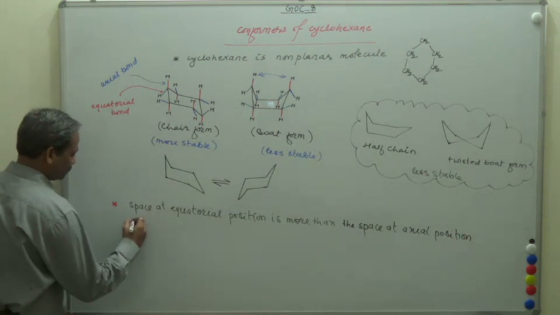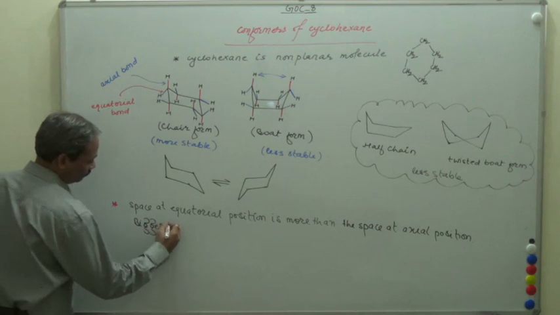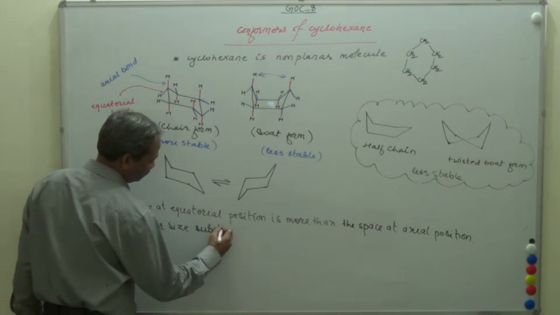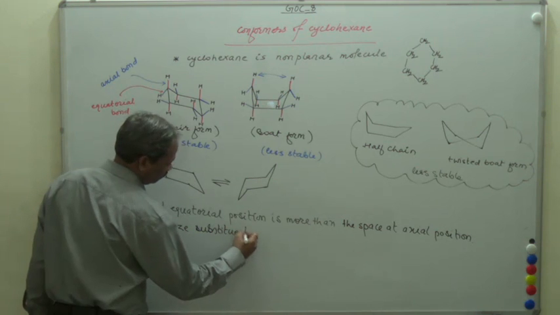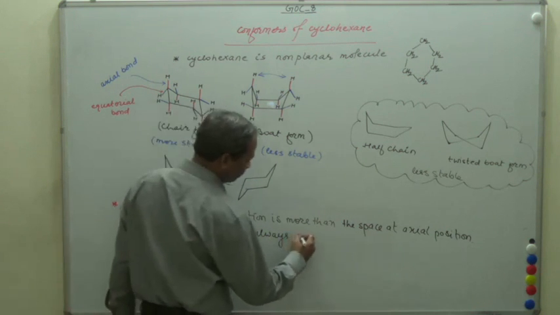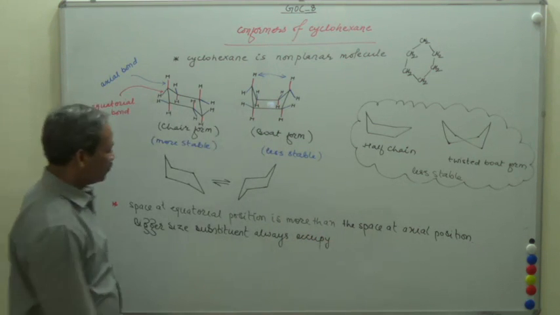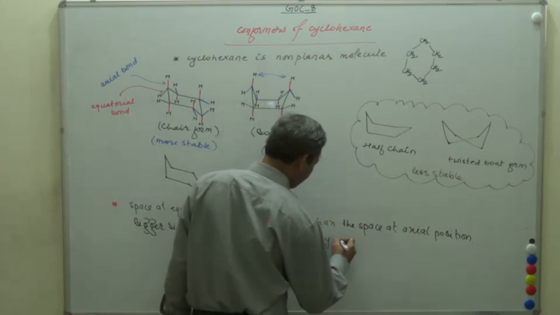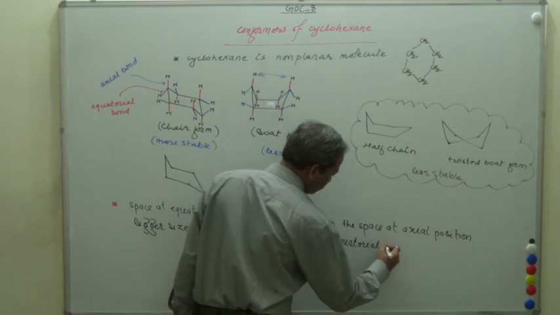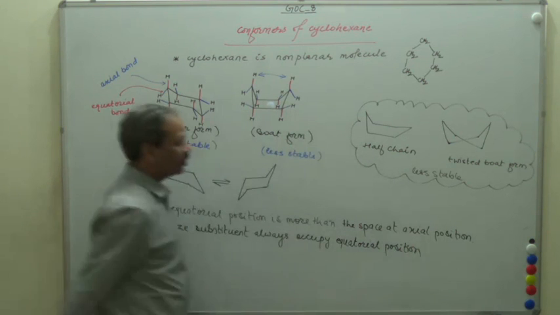So a bigger size substituent always occupies the equatorial position.